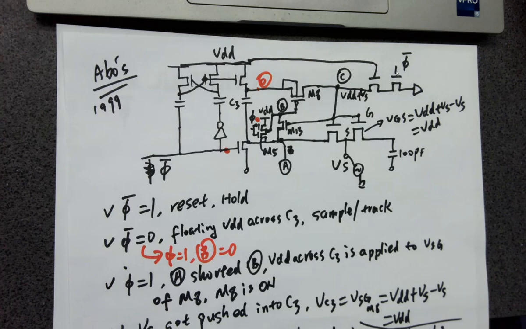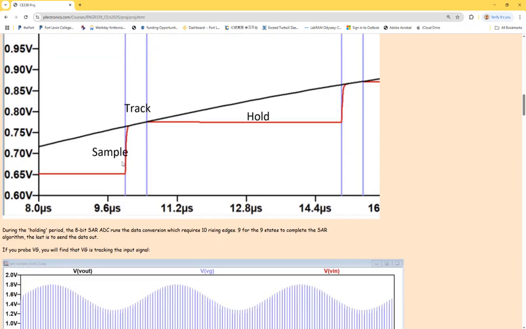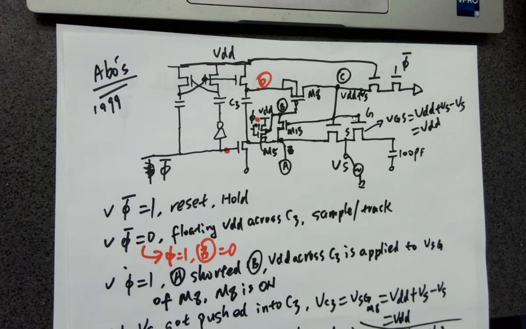If it's not resetting, it means it's sample and tracking. So the signal is able to pass to this point and start tracking, because everything can go through. And when this is off, this guy's off, it starts holding, right?